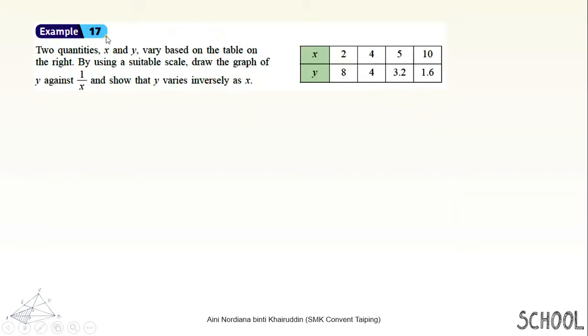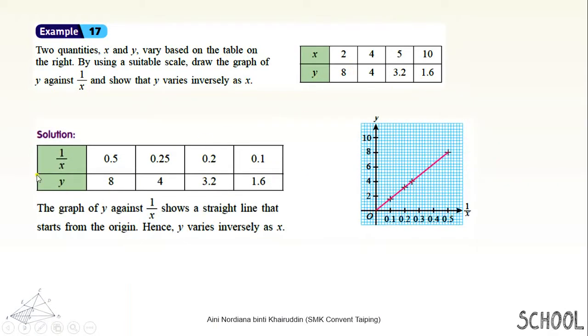So example 17: two quantities x and y vary based on the table on the right. By using a suitable scale, draw the graph of y against 1 over x and show that y varies inversely as x. So this is the table. You have to calculate the value of 1 over x. This is the value of 1 over x.